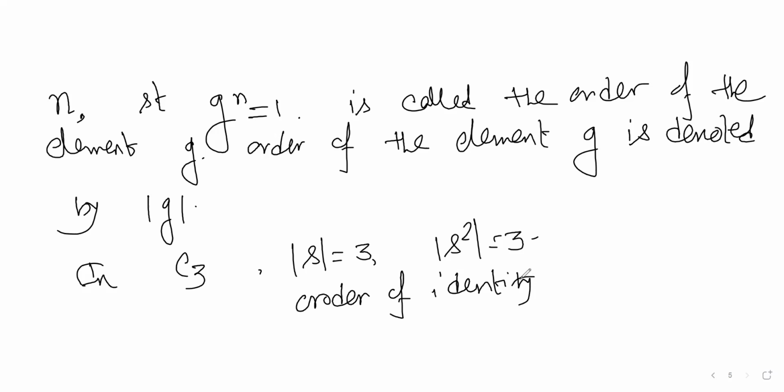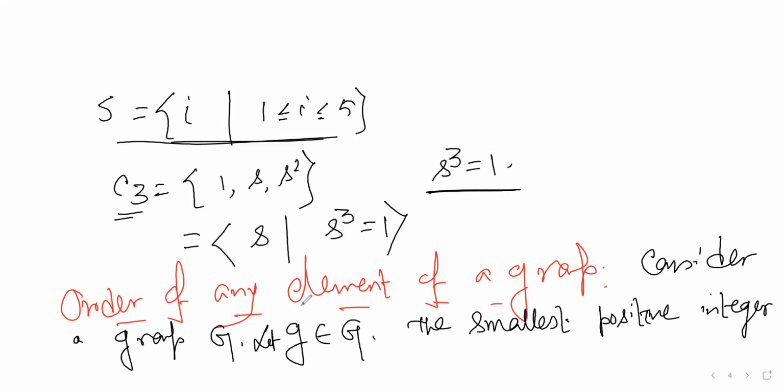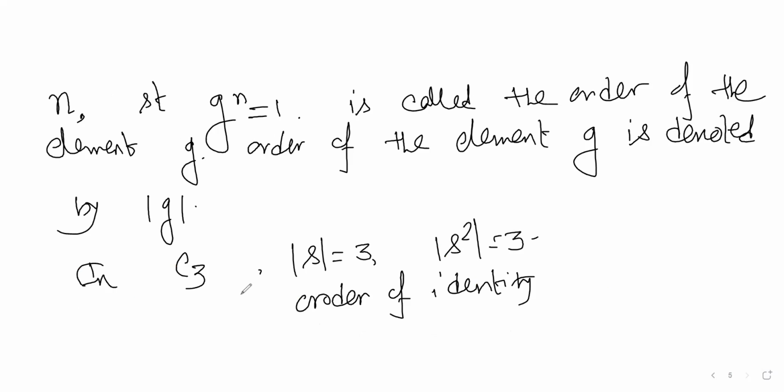If you understand the definition, it will say the smallest positive integer such that identity to the power of that integer gives me identity is 1. So the order of identity is 1 for any group, right?